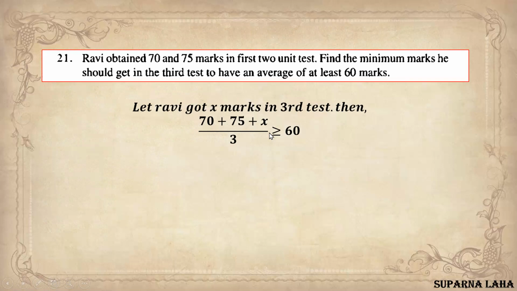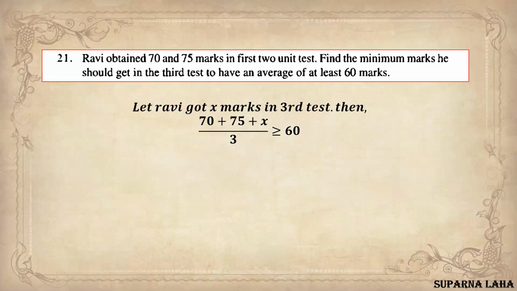Not equal to 60; don't take the equation, take the inequality. At least 60 means he can score 60 or more than that. So we will use the inequality sign, greater than or equal to 60. So the average marks may be equal to 60 or more, and we need to find the minimum value for x such that we get 60 or above.